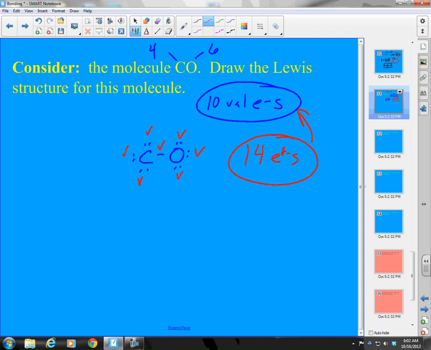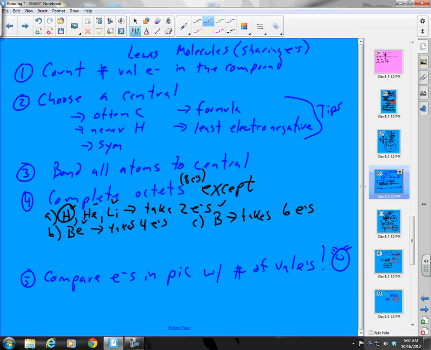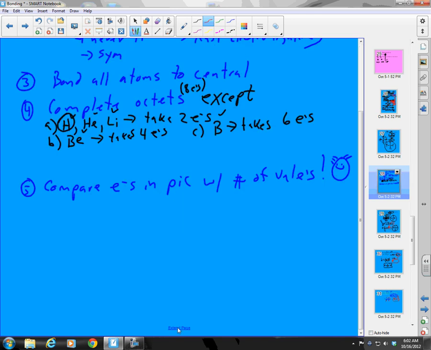So what do we do here? Well, let's go back to our rules. Here are our rules. We need to add something else. Compare number of electrons and pick. Okay, if there are too many electrons in your Lewis diagram, what does too many mean?